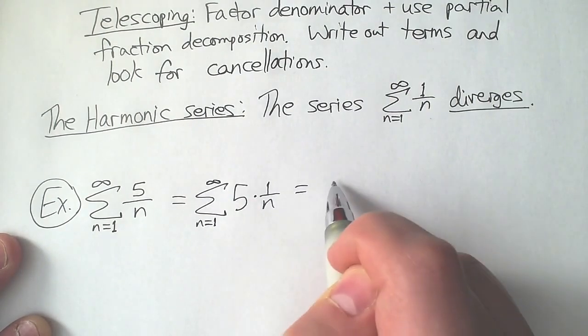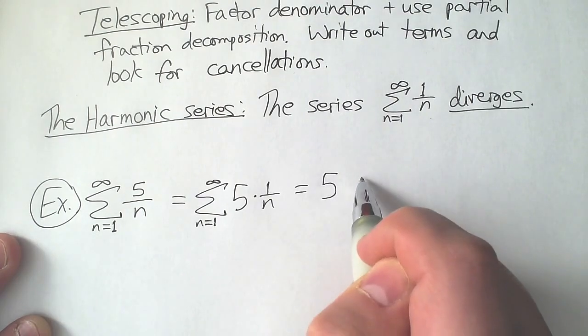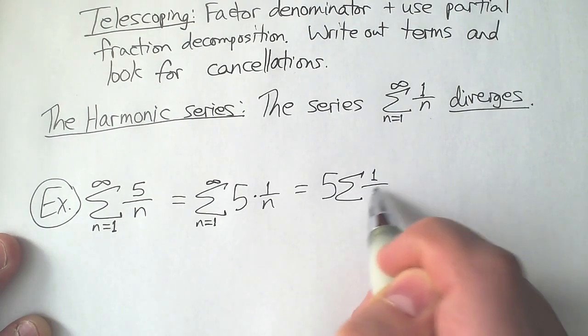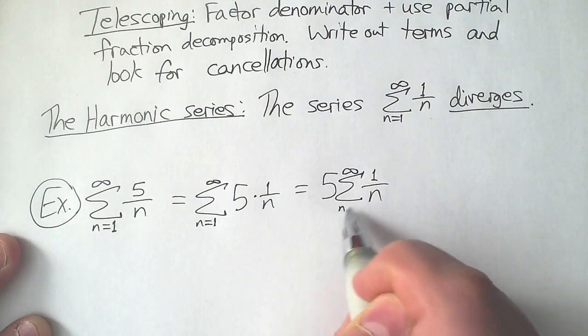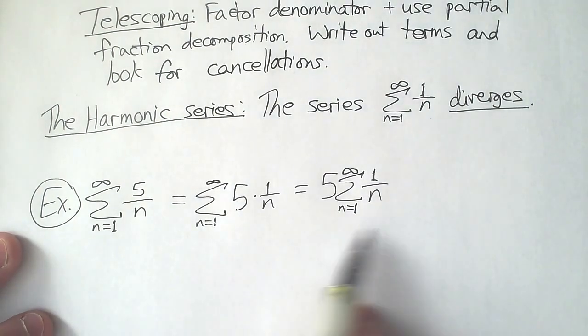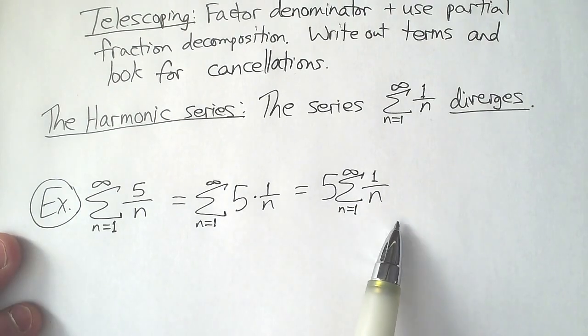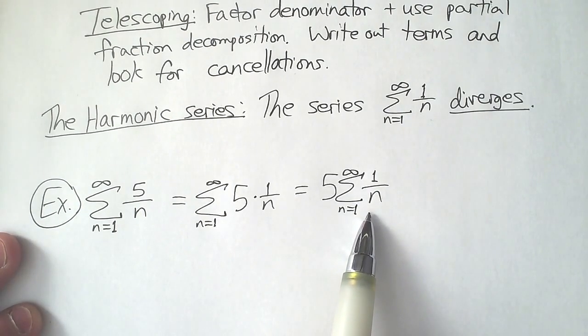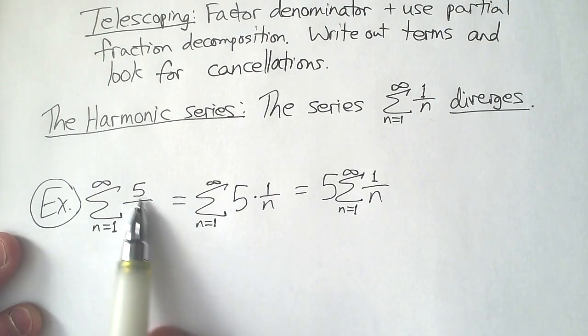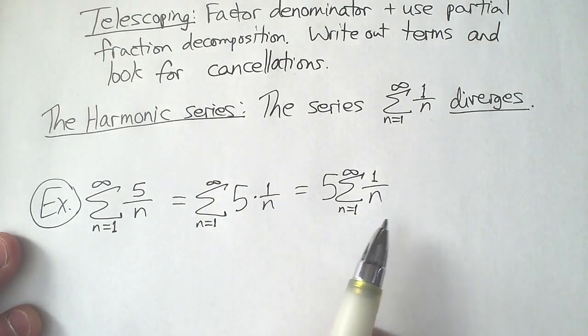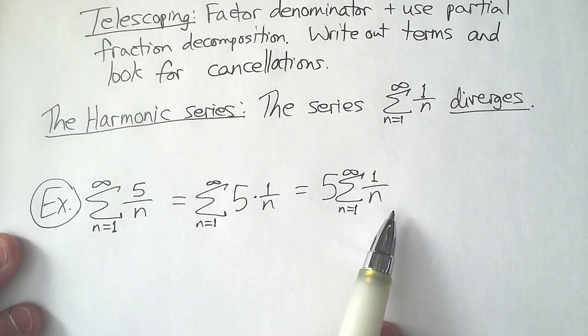We had that rule that said a constant can get pulled out front. So this is one example of how you might see the harmonic series show up within a problem, even though what I gave you wasn't exactly the harmonic series. It is 5 times the harmonic series.